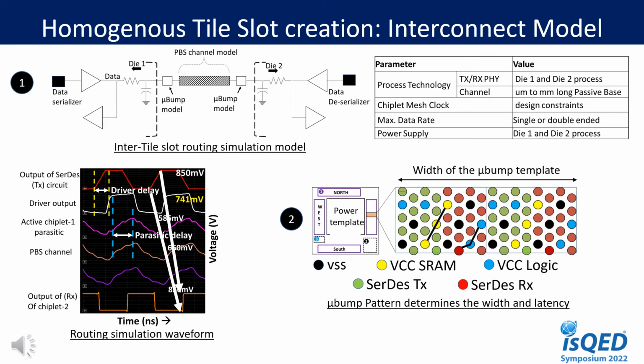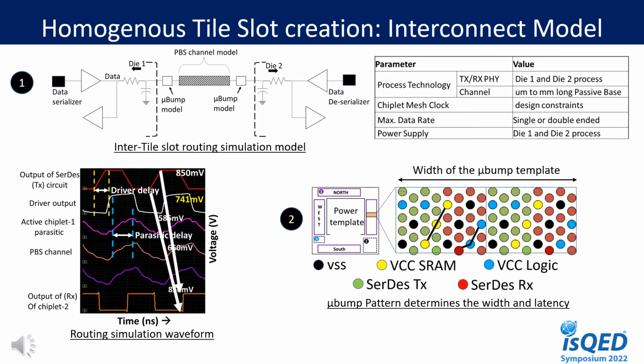Since PBS supports only passive components and routing elements to communicate between the neighboring dies, careful simulation strategies need to be employed in order to properly design for a required frequency or for a latency of communication between the two neighboring dies.